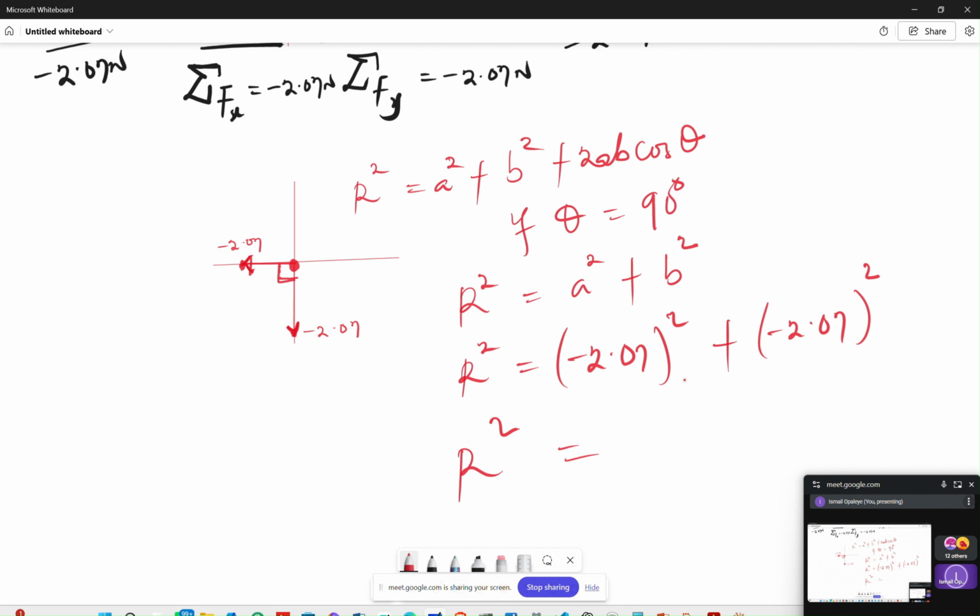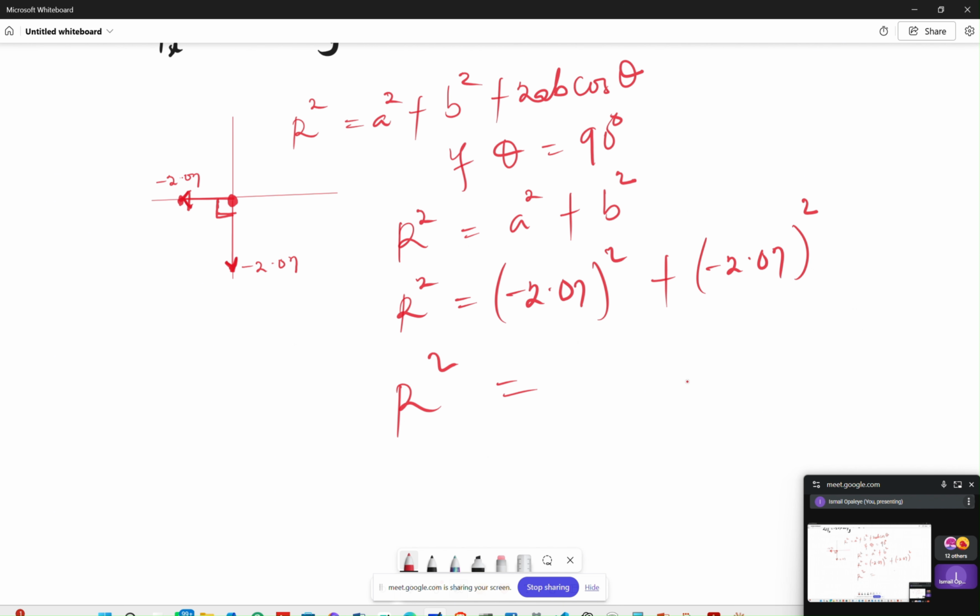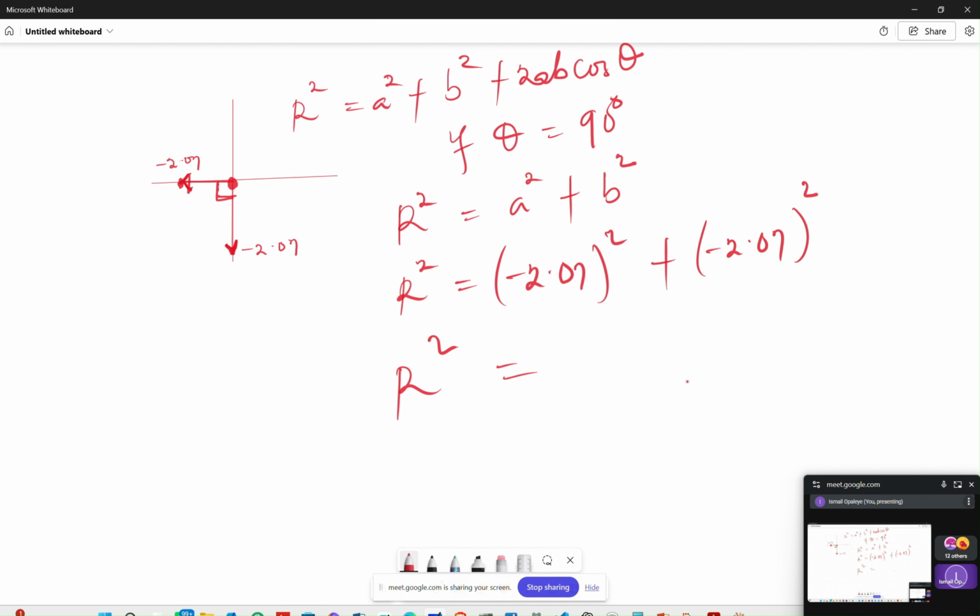R squared is equal to this plus this. What's the answer? 2.07 squared plus 2.07 squared is 8.57. So r is equal to the square root of 8.57.